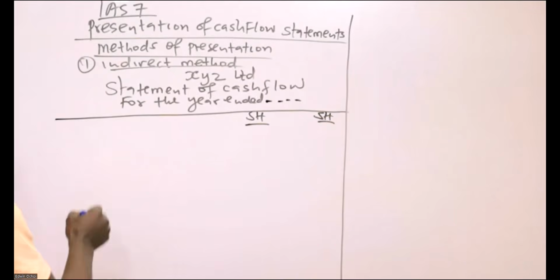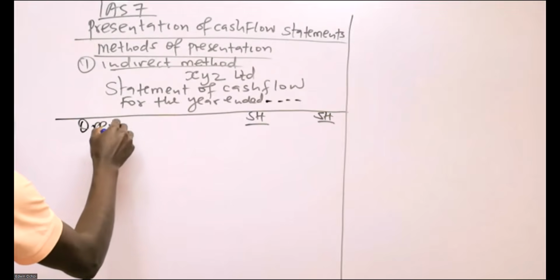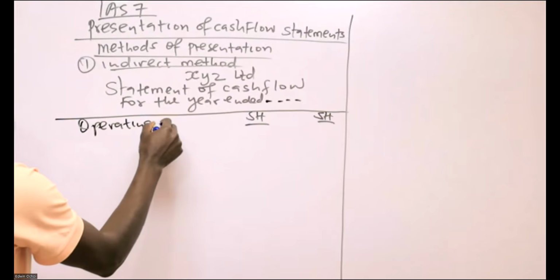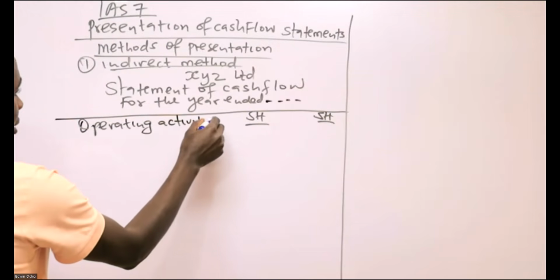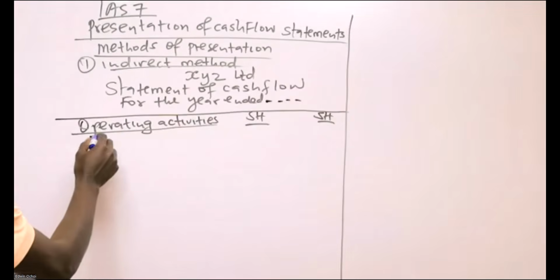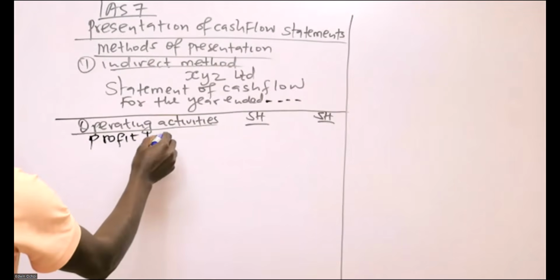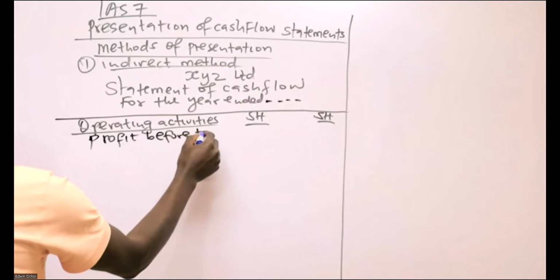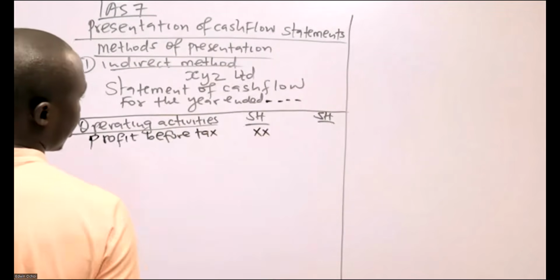For the indirect method, we always start from operating activities. Once we start from the operating activities, we start from the profit before tax.